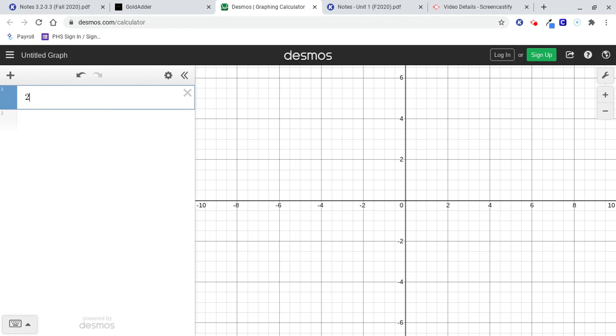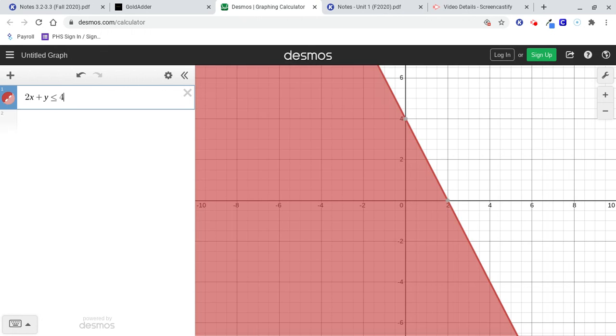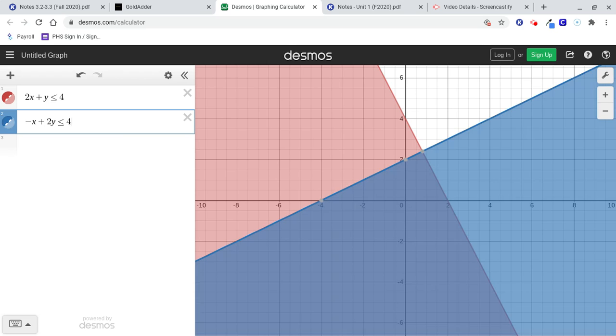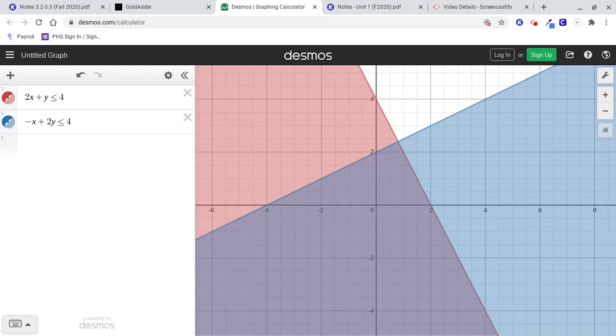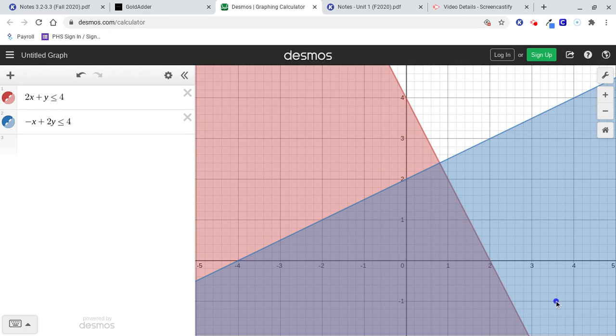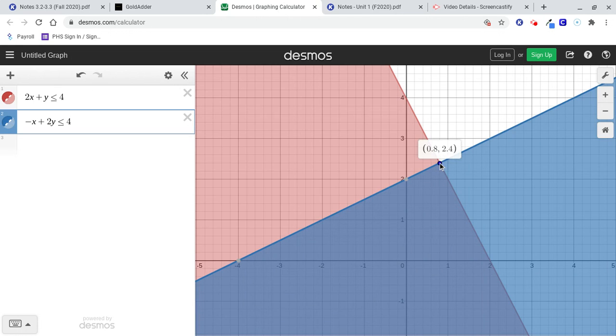So that top line was 2x plus y is less than or equal to 4. And then the second line was negative x plus 2y is less than or equal to 4. So check it out. What I want to do is find this intersection point right here.